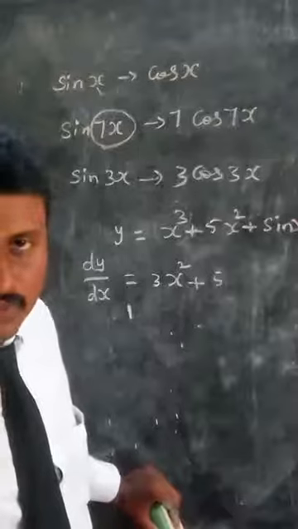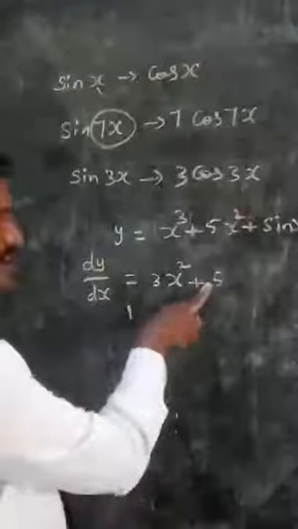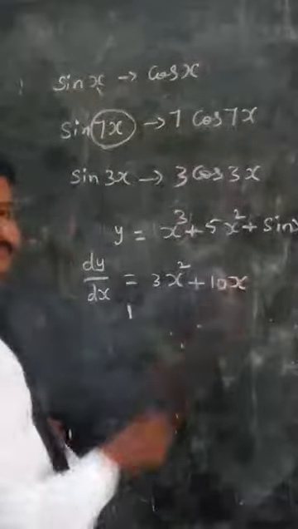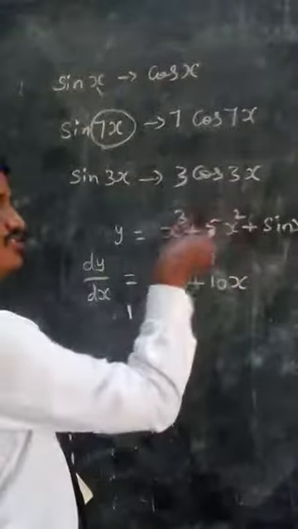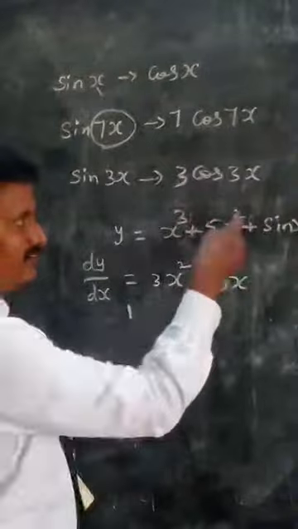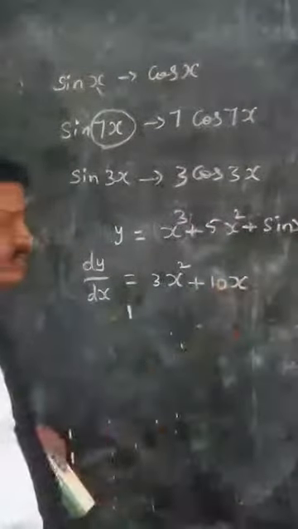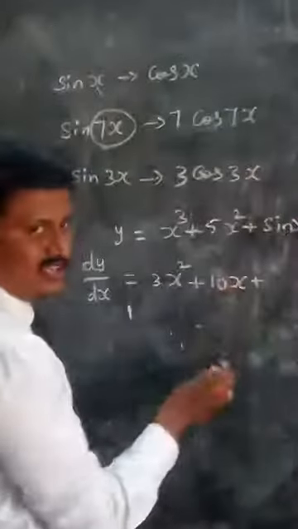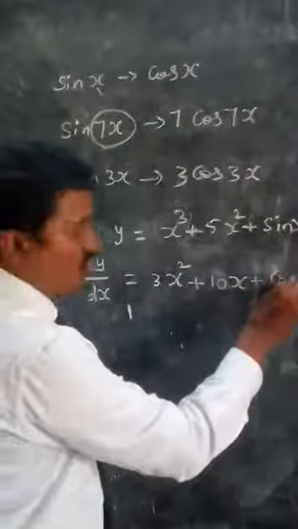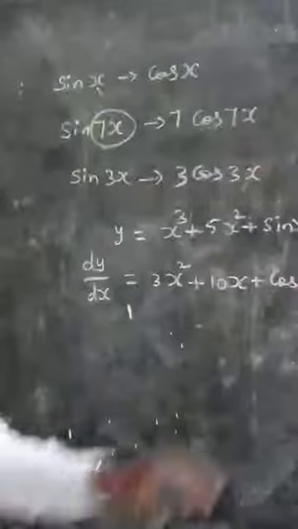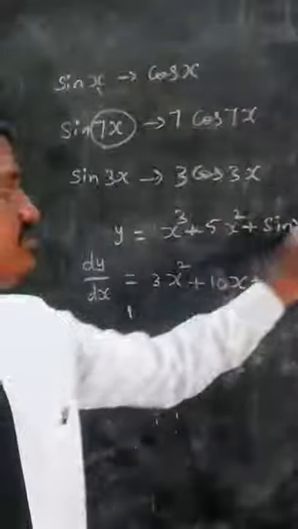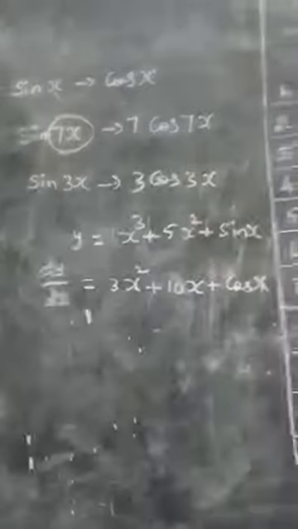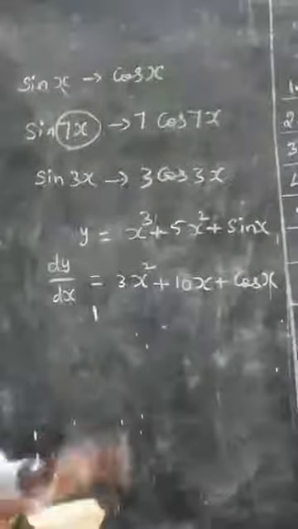Already 5 is present, so this 5 will become 10x. The power comes to the front, so 5 becomes 10, and the power gets reduced by 1, so 1. 10x plus the differentiation of sin x, which is cos x. So we have differentiated this entire term with respect to x. So this is the basic concept of differentiation.